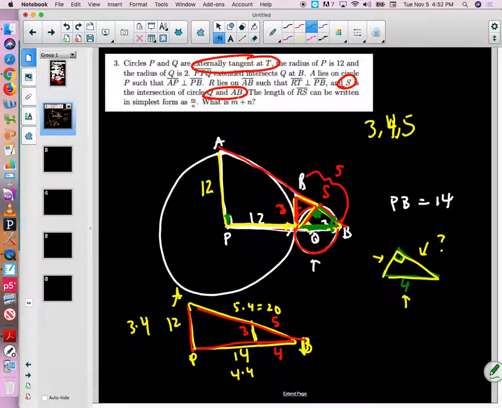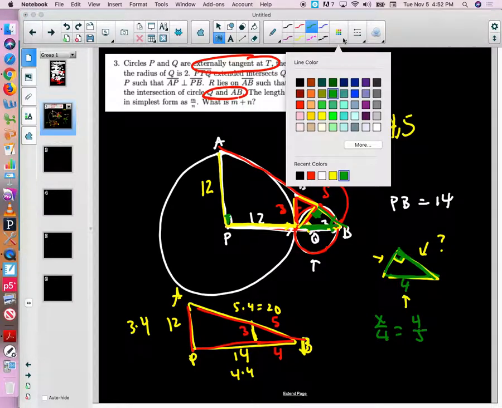Okay. So now I'm going to say, in a 3, 4, 5 triangle, let's see how I'm going to say this. I'm going to say x is to 4 as 4 is to 5, because this should be a multiple of a 3, 4, 5 triangle right here.